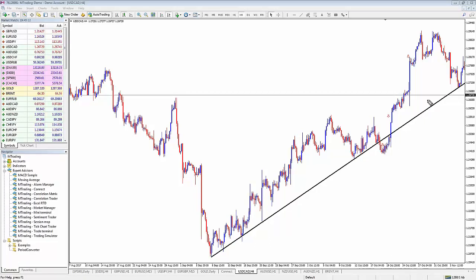So getting in at this point over here, the loss that I'm taking when price is moving against me, if I add in at this point and then the market goes on to move in my favor, by the time it gets to my original break even, I would have made profit from this trade over here. So by that point I should be back to break even. That is the thought process there.